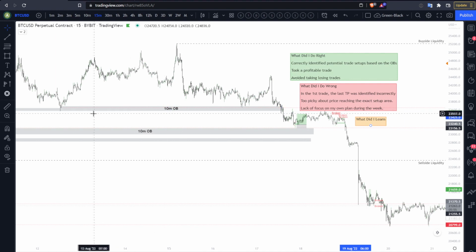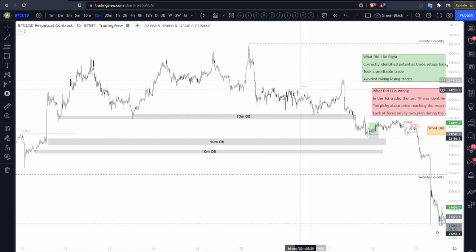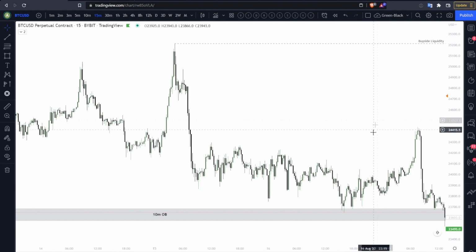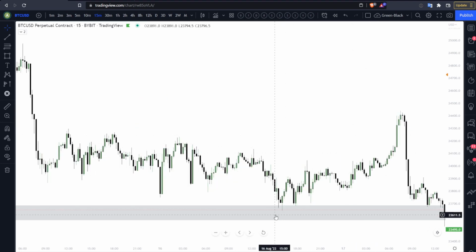I can actually take limit orders, trades based off of it, and certainly it can be used as a confluence when I see that the price is reaching that level and I'm expecting that level to provide some sort of price reversal and a trade setup. But when I see that the price is reaching this level and bouncing off, it certainly provides a good confluence for my trade setup.